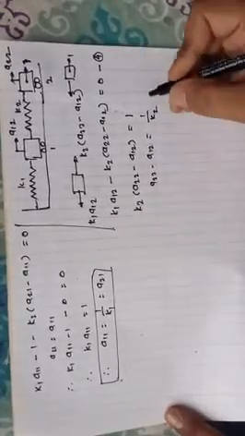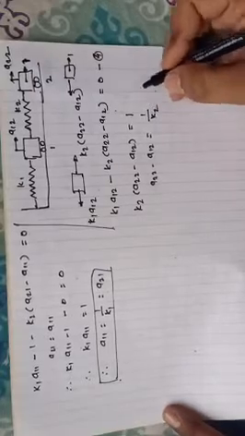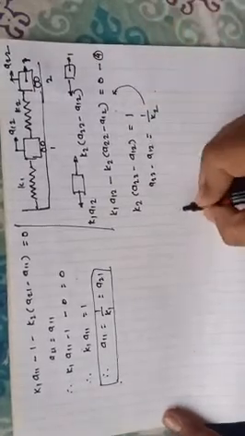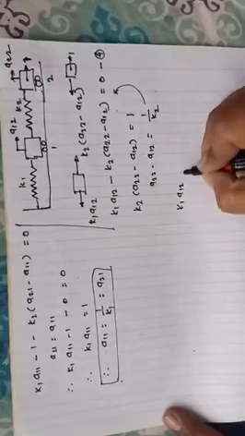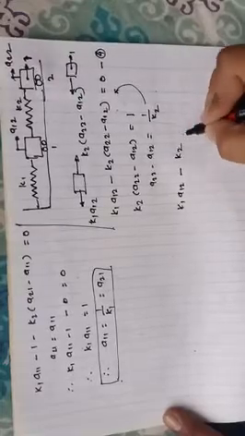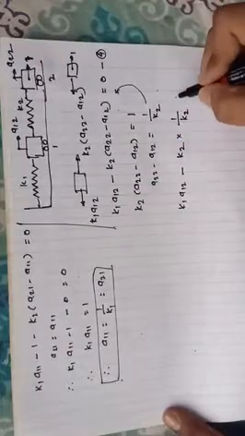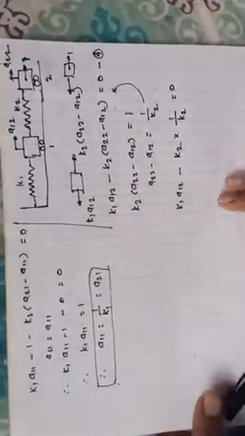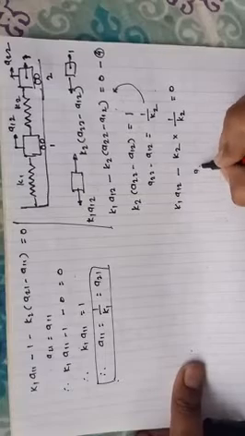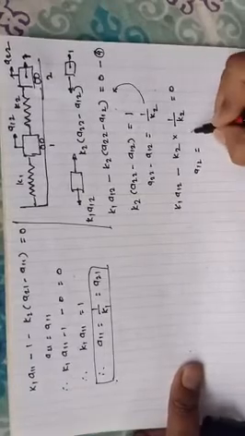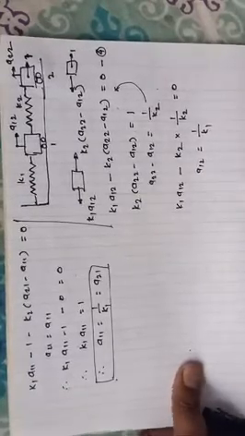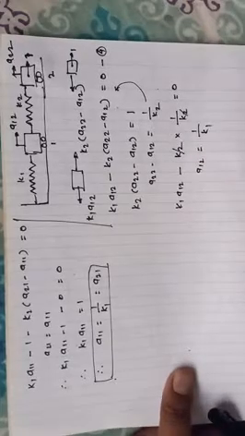So let's substitute this value into equation 4. K1 into A12 minus K2 into (1 upon K2) is equal to 0. So A12 will be equal to 1 upon K1 because K2 and K2 get cancelled out.